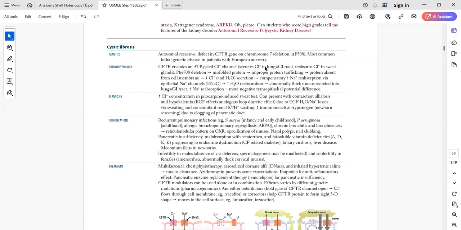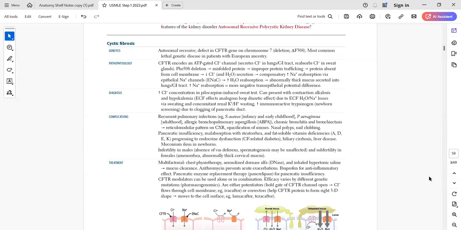Why? Because the patient is going through recurrent respiratory tract infections. Then we will do symptomatic treatment, which is ibuprofen. And in severe cases in which there is a lack of pancreatic enzymes, we do pancrelipase. But we only do that in severe pancreatic insufficiency cases.